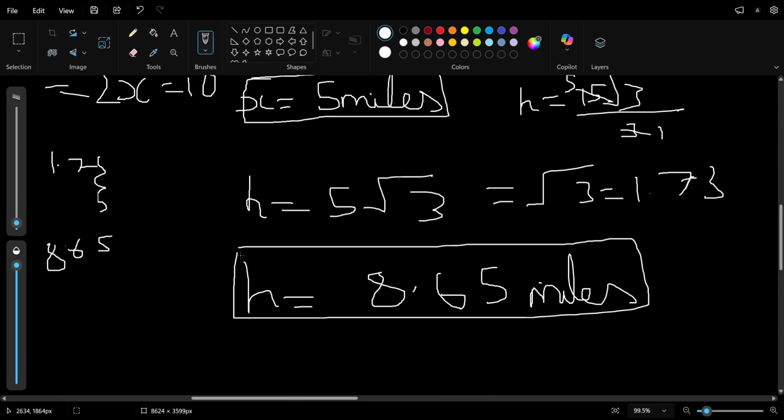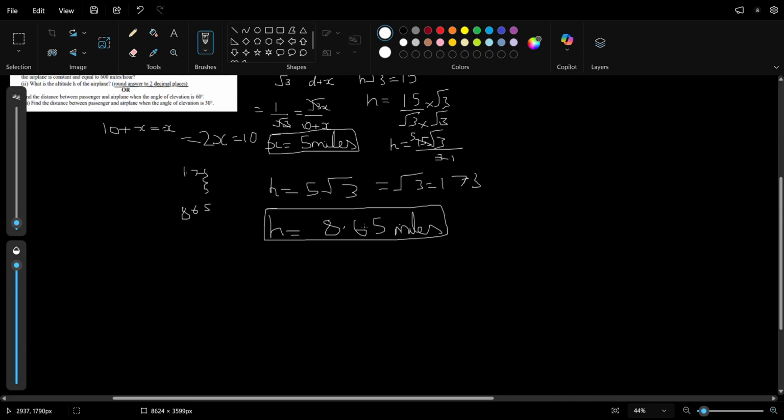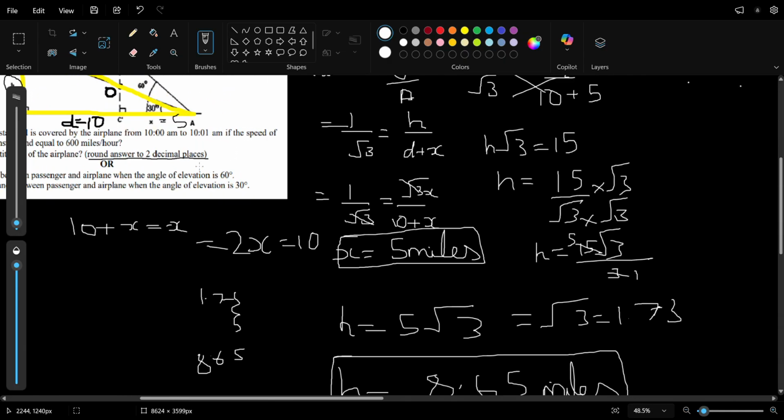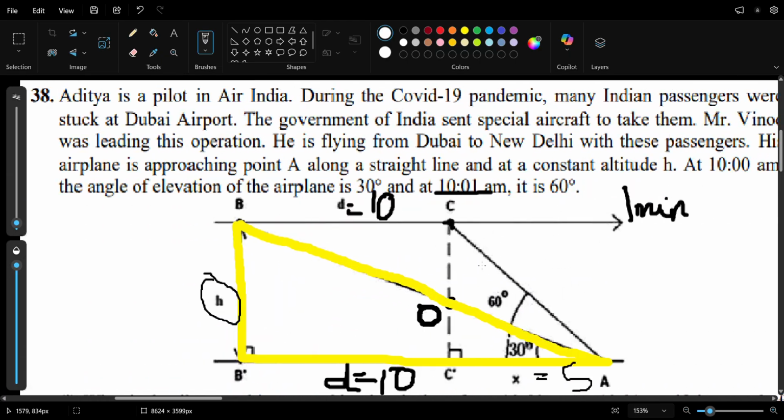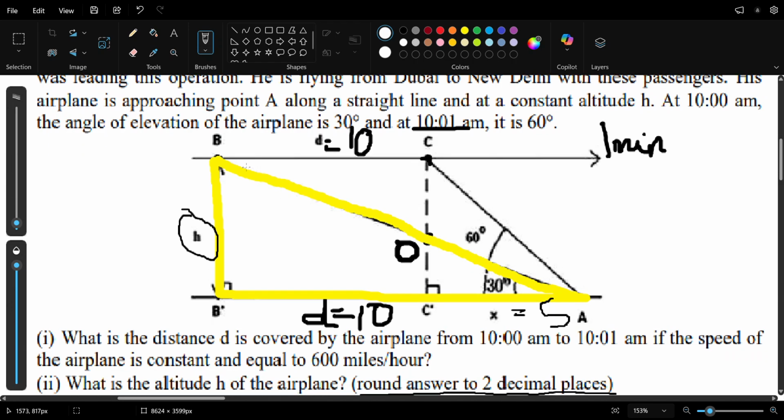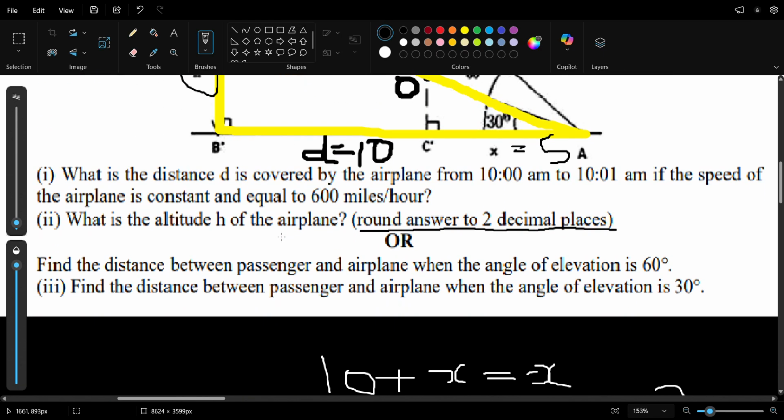So the altitude of the airplane is 8.65 miles. The airplane is 8.65 miles above the ground.